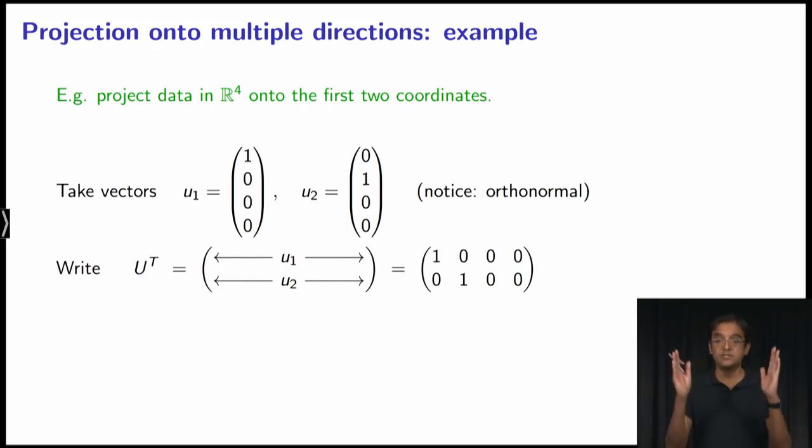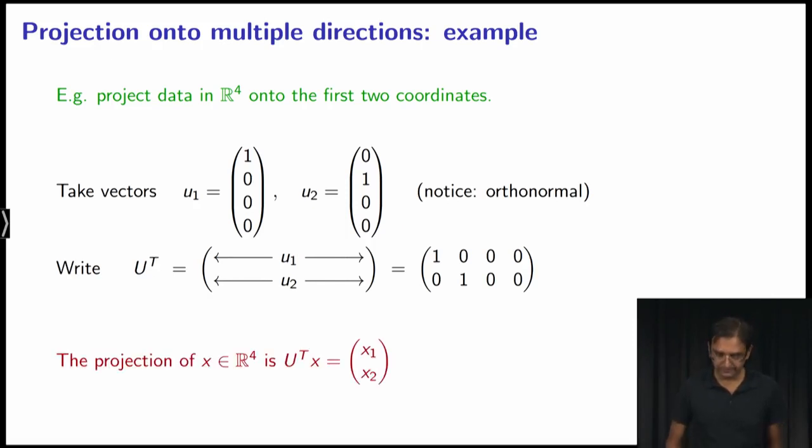And what we do is we just put these vectors together into a matrix U, and then U transpose looks like this. It's this matrix over here. And that's going to be our projection matrix. To project a point, we just multiply it by U transpose. So when we take this matrix and we multiply it by any given point, x1, x2, x3, x4, what do we get back?